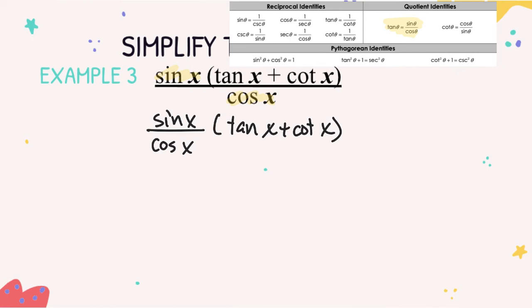So knowing that tangent of x equals sine of x over cosine of x, I can replace sine of x over cosine of x with tangent of x because they're exactly the same thing.